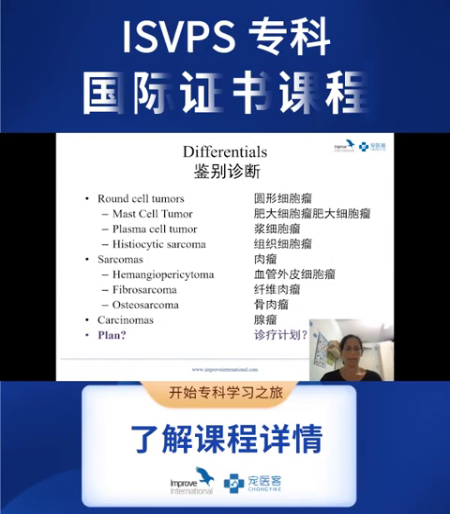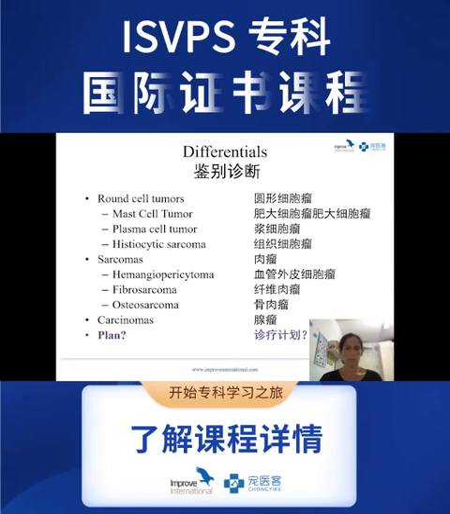The other round cell tumors that we discussed were lymphoma, and the location would not be really appropriate for lymphoma, or a TVT, which also wouldn't really fit here. Sarcomas, it could be a hemangiopericytoma, a fibrosarcoma, an osteosarcoma, a chondrosarcoma, a hemangiosarcoma, but several of these would be much less likely because there's no evidence of pain or lameness.